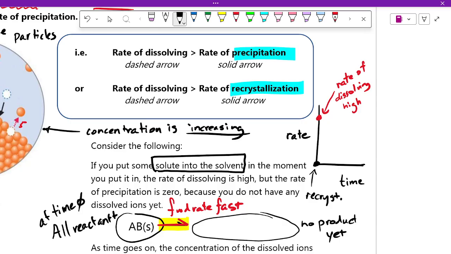As time goes on, what is going to happen to those two rates? They're going to equal each other. How are they going to get there? Steep, shallow, flat.